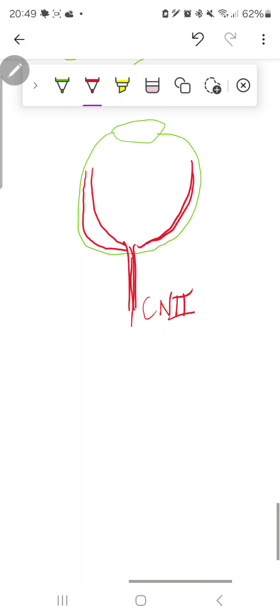And it will send this visual information to the visual cortex in the occipital lobe.